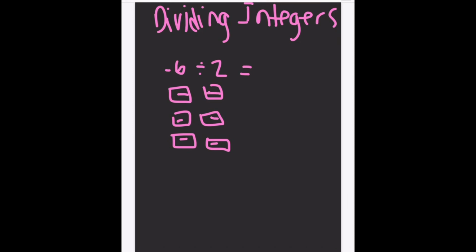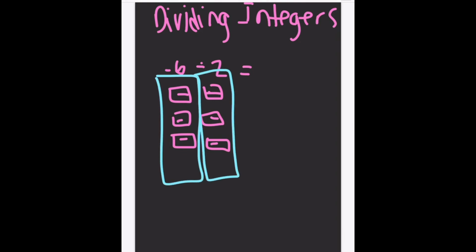And I'm dividing them into 2 groups. How much is in each group? 6 divided by 2 is 3, but it's not just 3, it's -3. There are 2 groups of 3, but they're negative.